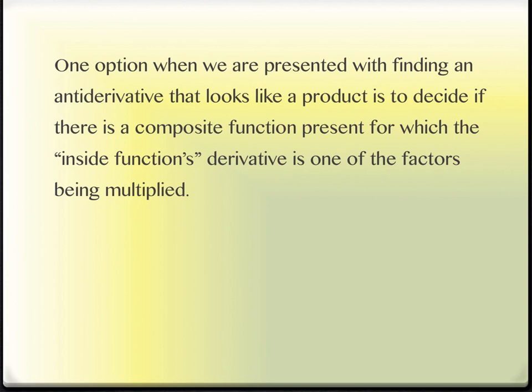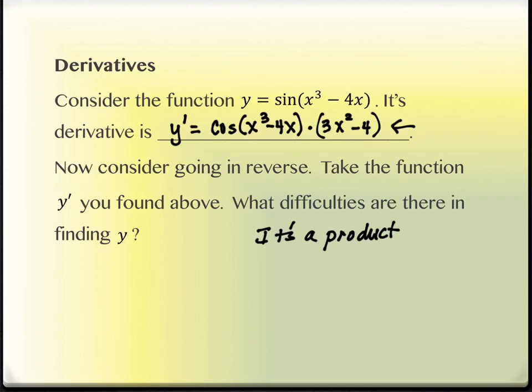Okay, so this is one option when we're presented with finding an antiderivative that looks like a product: to decide if there is a composite function, meant that we would have had a chain rule present, for which the inside function's derivative is one of the factors being multiplied. So that's what happens over here. The inside function's derivative, which is 3x squared minus 4, is one of the pieces that's being multiplied.